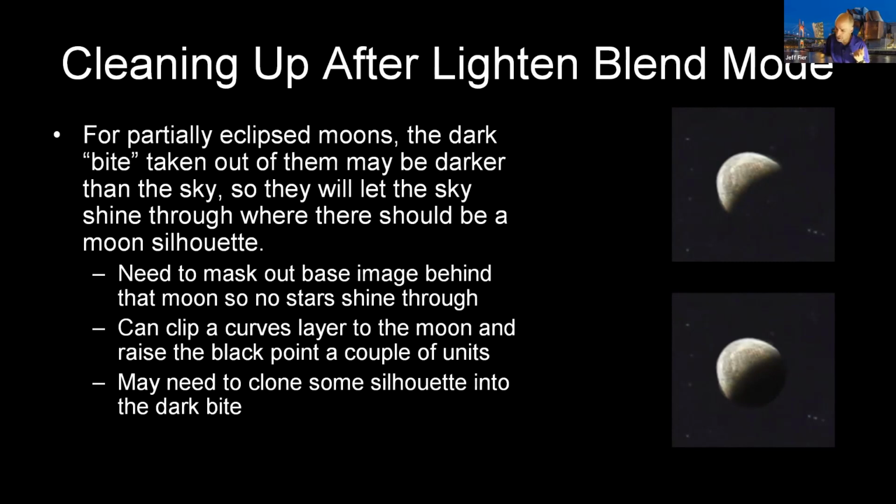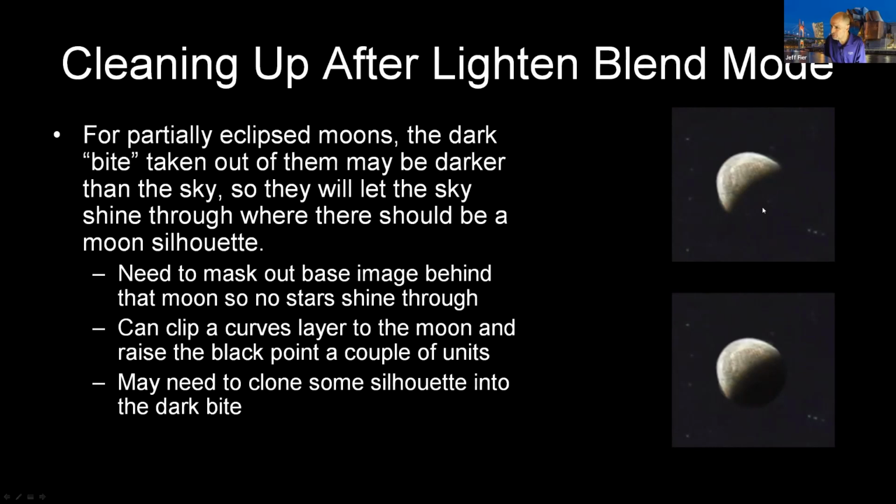One is you go to your base image and put a mask on it, and where the moons are located, you just paint in black at that location so that there are no longer any stars that could possibly shine through. That gets rid of any stars behind the moon, and since the moon's covering over the locations, it doesn't matter that you don't have any sky behind there.